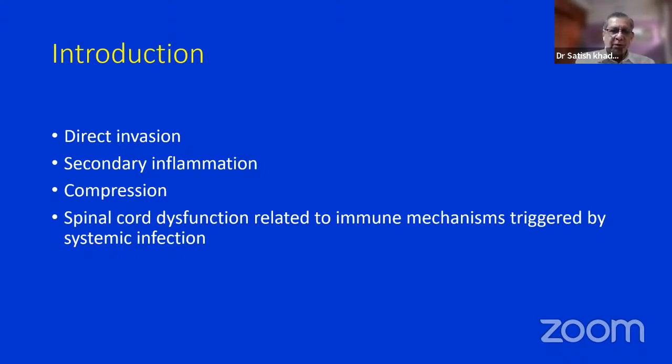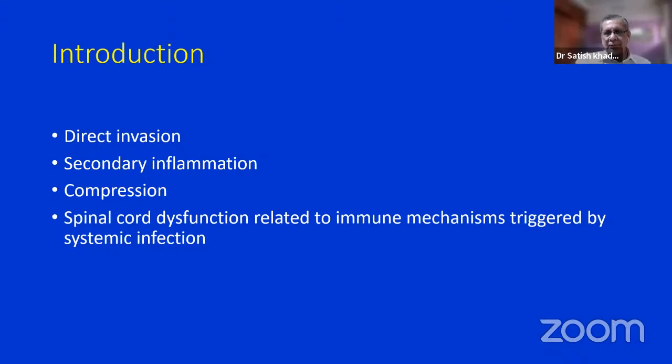Immune or infectious. In fact, I would put down one is direct invasion. Invasion of the covering meninges and surrounding structures, with secondary involvement of the spinal cord, which is the most common scenario as far as we are concerned.